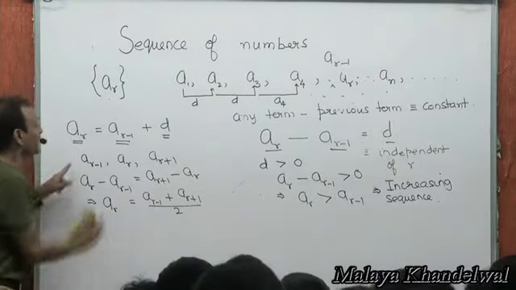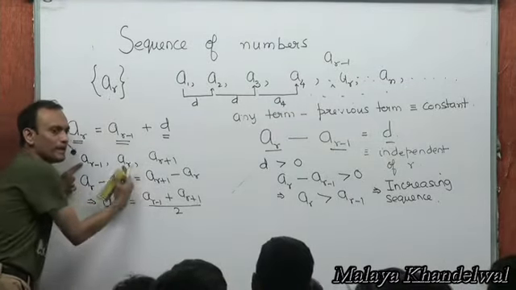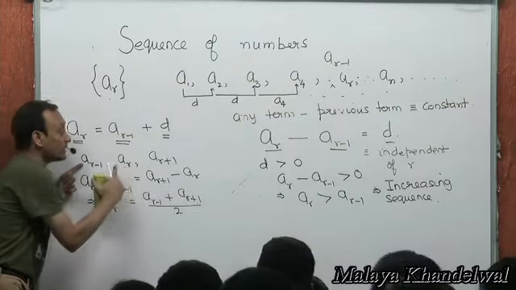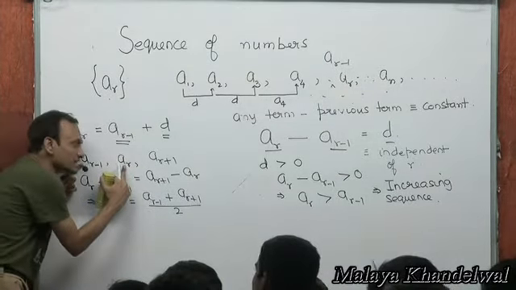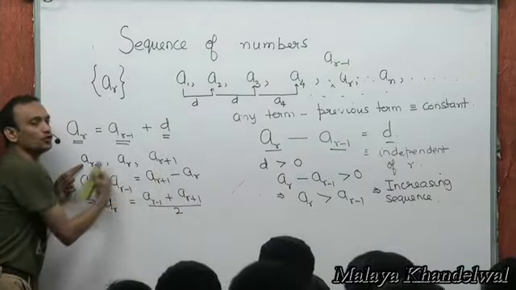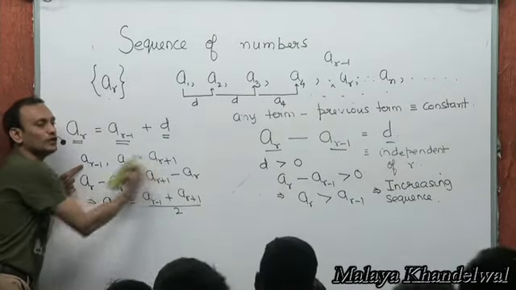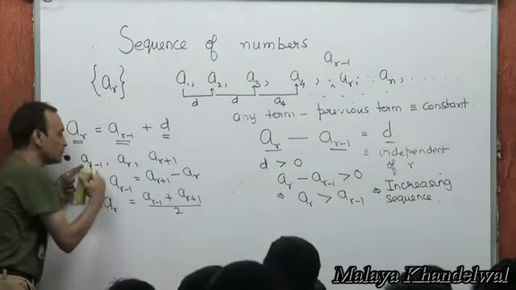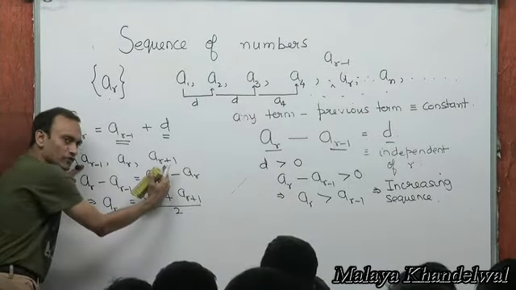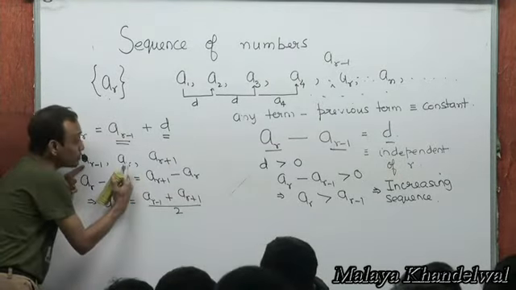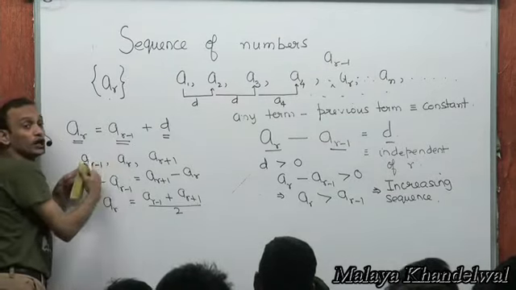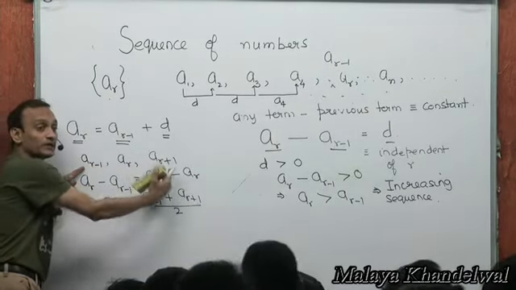So if you take 3 consecutive members of an arithmetic progression, then the middle term would be the average of the 2 neighboring terms, the arithmetic mean of the 2 neighboring terms.